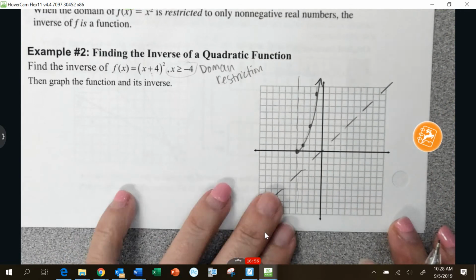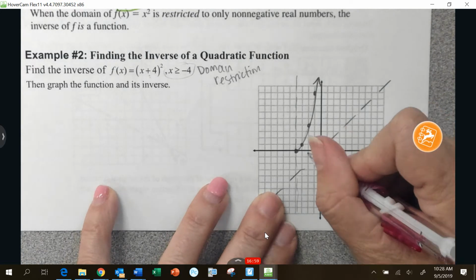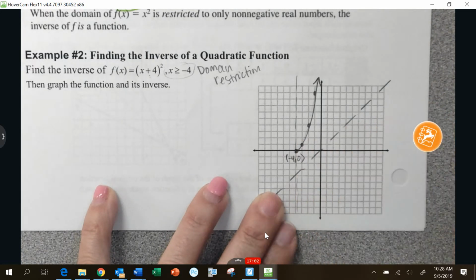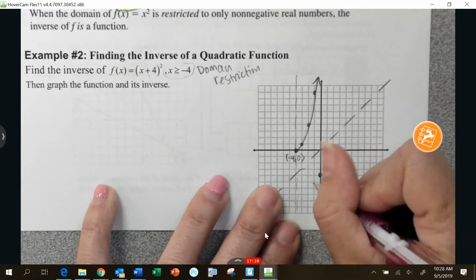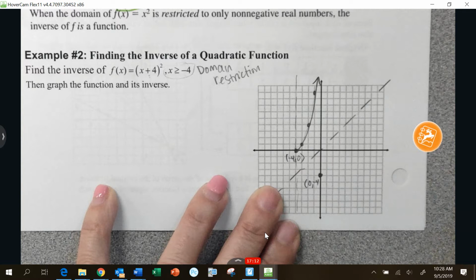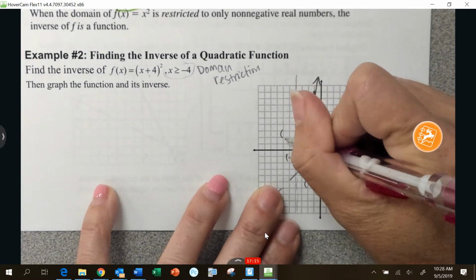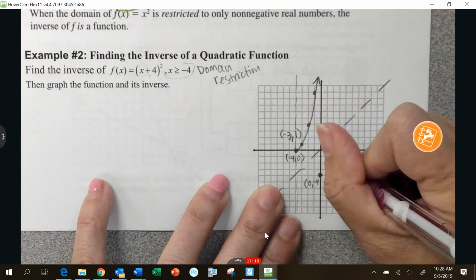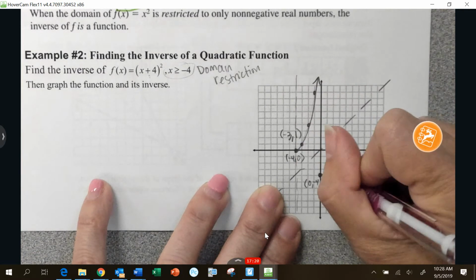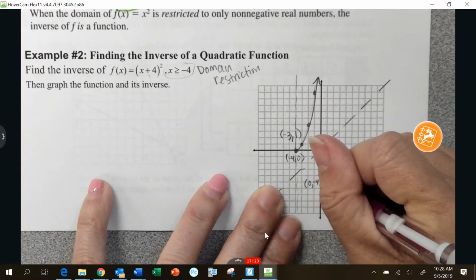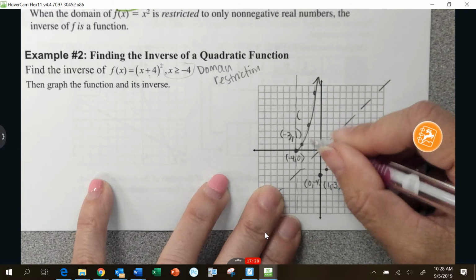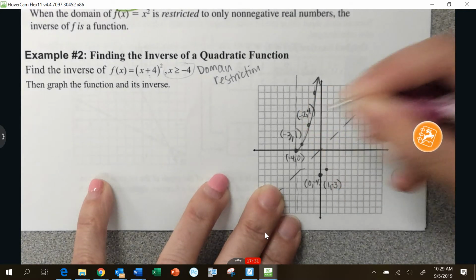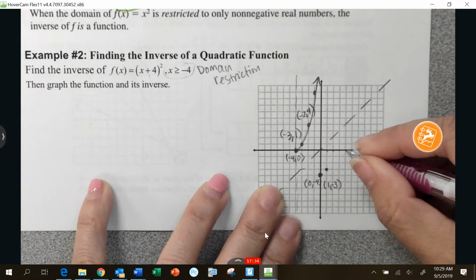So if we're going to inverse this, we just have to look at ordered pairs. Negative 4, 0. The inverse ordered pair would be 0, negative 4. Negative 3, 1 is going to be 1, negative 3. Negative 2, 4 is going to be 4, negative 2.